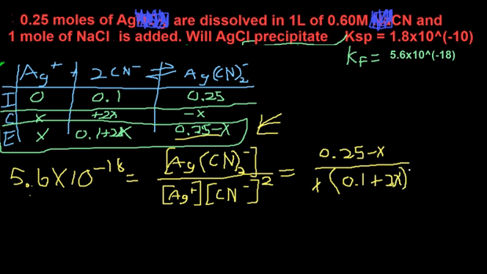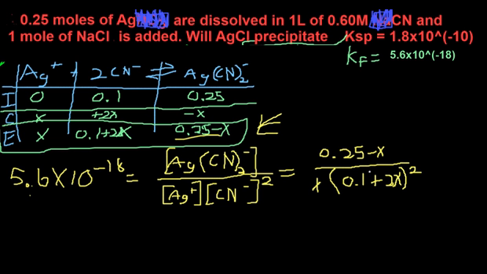Now it's important to make an assumption here, because we can't get rid of any square. We're squaring this, which produces an x squared, and multiplying by x makes an x cubed, which is hard to solve. So we're going to assume x is small compared to 0.1 and 0.25.